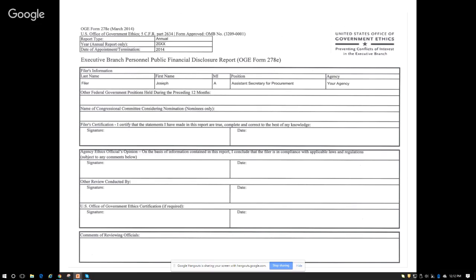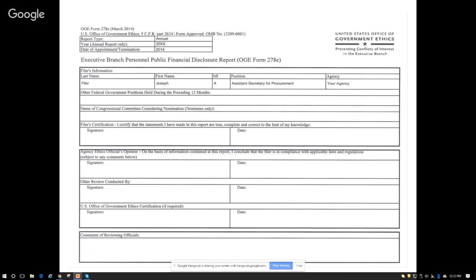Then we see whether any information on the report would lead us to suspect a potential conflict of interest. Remember, these reports are just a starting step. As Patrick used to like to tell me, we should regard these as a request for advice from the filer.